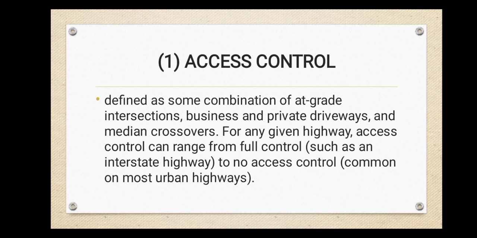The reason access control improves safety is that there are fewer unexpected events caused by vehicles entering and leaving the traffic stream at slower speeds, resulting in less interference with through traffic. The effect of control of access shows that the total crash rate per million vehicle miles is almost 3 times as great on roads in urban areas with no access control as on fully controlled highways.